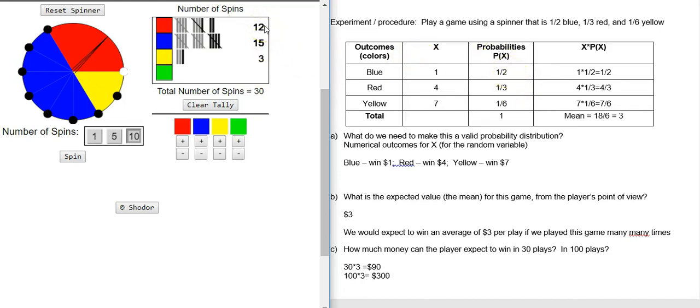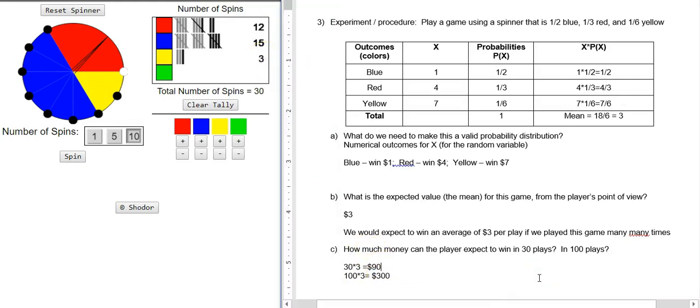For the red, we got 12 out of 30, which is a little bit more than 1/3. 1/3 would have been 10 out of 30, so we got a little bit more reds than we would have expected. And for the yellows, we got a couple less than we would have expected, because 1/6 of 30 would have been 5. So this is close to what we were expecting, but we wouldn't have gotten quite as much as $90 because we didn't have quite as many yellows as we would expect.